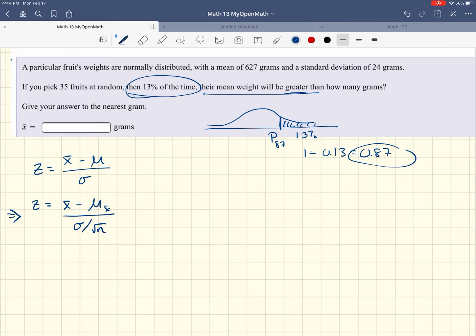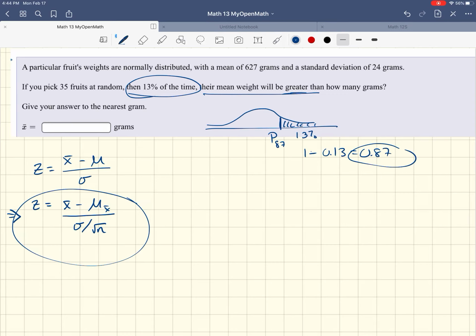This is the formula that we want to use. So remember, the formula for the sample standard deviation is the population standard deviation divided by the square root of how many you're choosing. So this is the formula we're going to use.